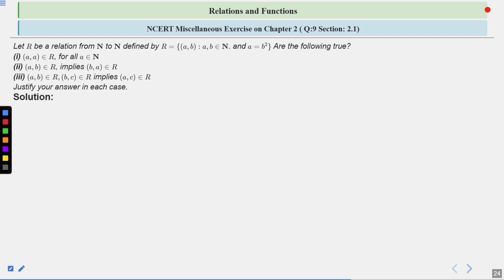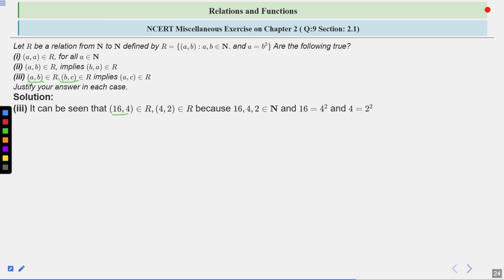And for the third, if you have two such pairs, we take one (16, 4) and another (4, 2), as the second element of the first pair is the same as the first element of the second pair. Now are we having (16, 2) belonging to R?